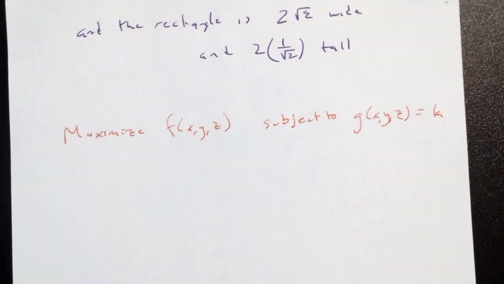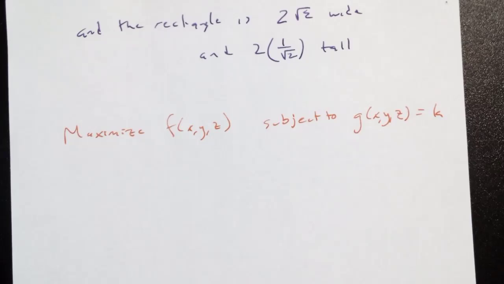If I used f of xyz and g of xyz for my constraint, that would work the same way, only this time I don't get 3 equations in 3 variables. I get 4 equations in 4 variables.